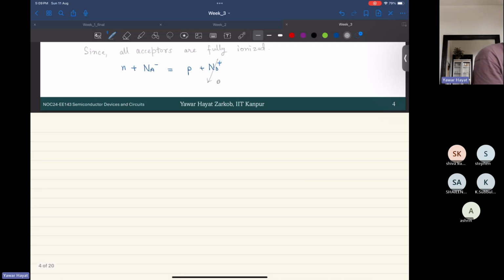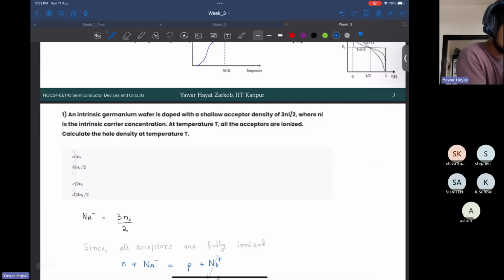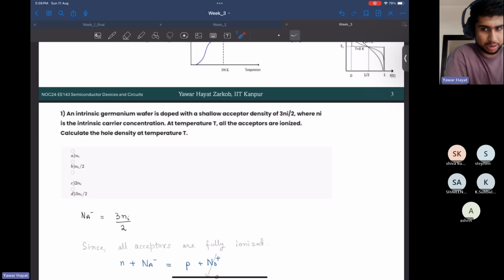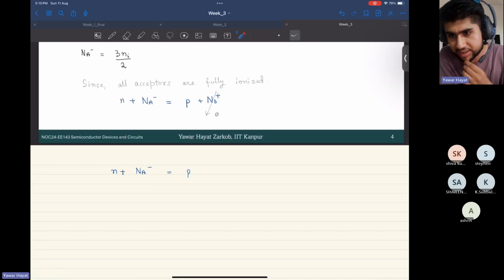So now what we'll write is N plus Na minus is equal to P, right? So how should you proceed then? Keep in mind, we need to compute the hole density at temperature T. Okay, someone is typing, I guess I should wait.